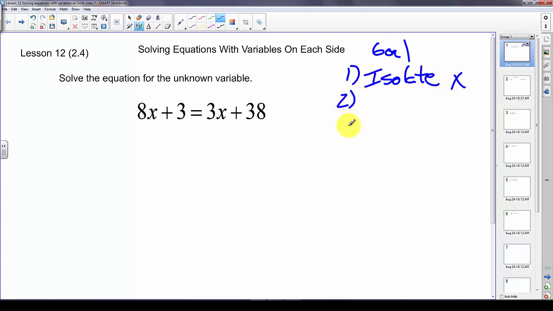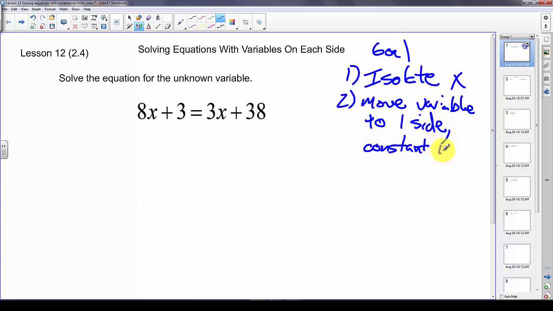Secondly, in order to do that, what I prefer to do is move variables to one side and what I call constants to the other.